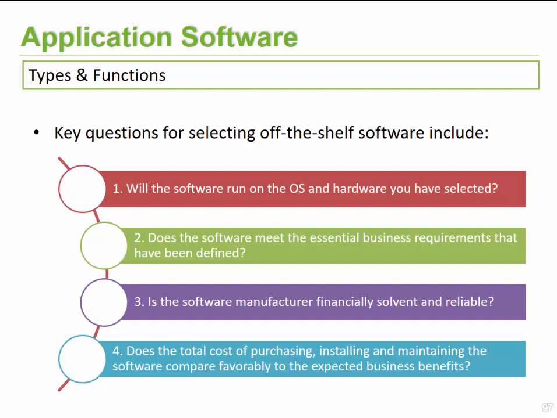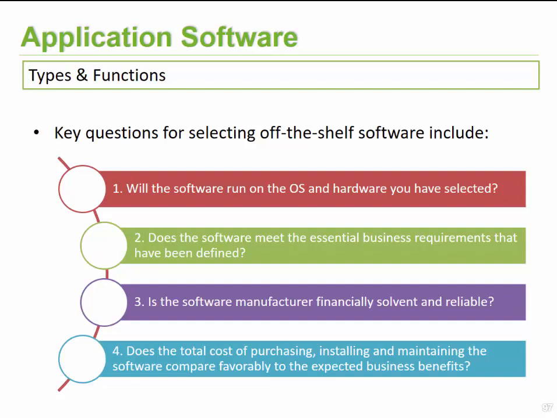Number three, is the software manufacturer financially solvent and reliable? It happens from time to time that people buy software from lesser known parties, and 6 months or a year after the software has been bought, those people go bankrupt and no support is available for you. And then again, you're going to have wasted a lot of resources.